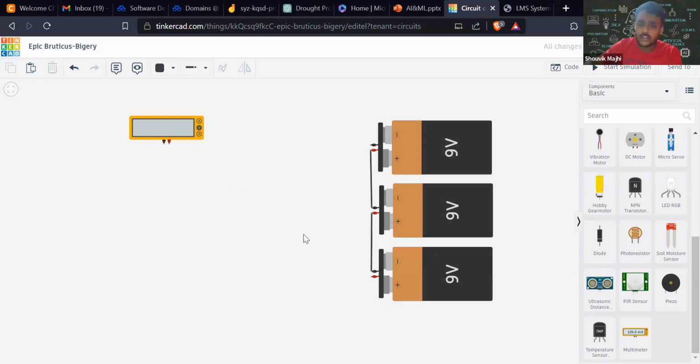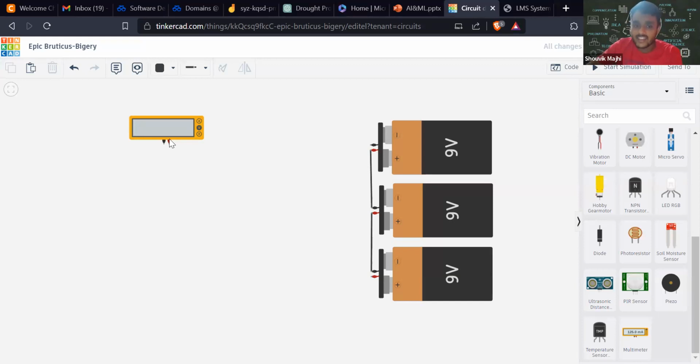You can go and ask in the WhatsApp group, or ping any of us. But in the meantime, if you're facing any difficulties, go and experiment in Tinkercad itself. Like, what happens if we connect the LEDs directly to the battery, or if we connect a buzzer to the battery? Go and experiment.